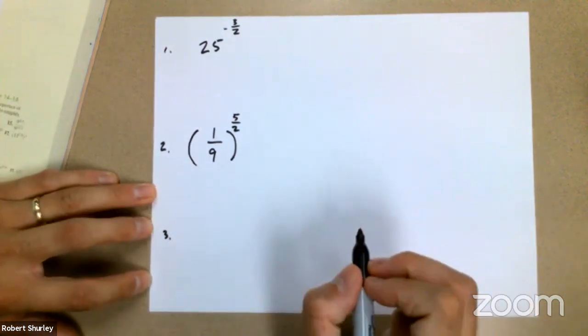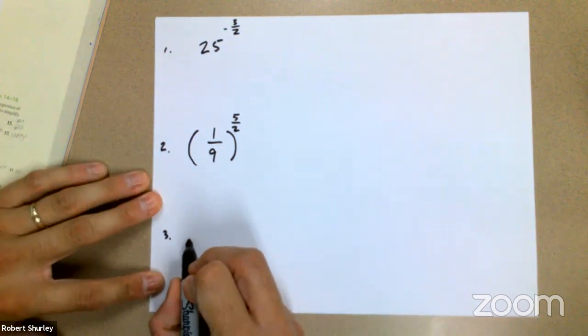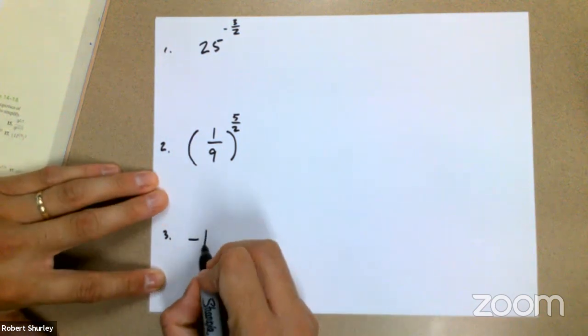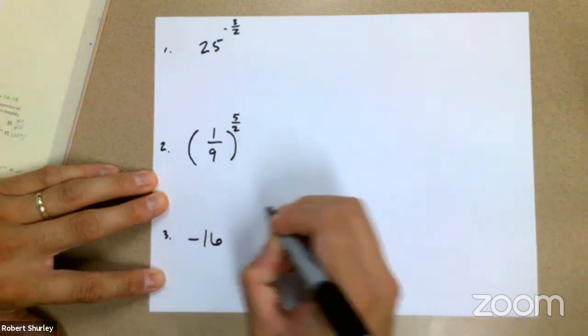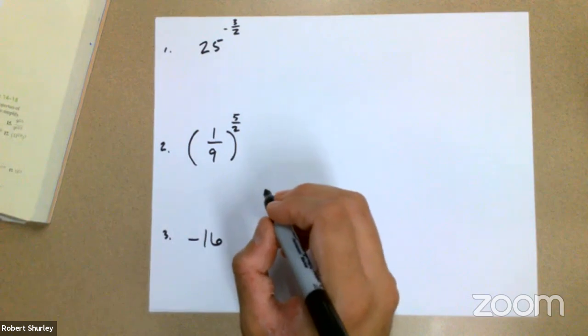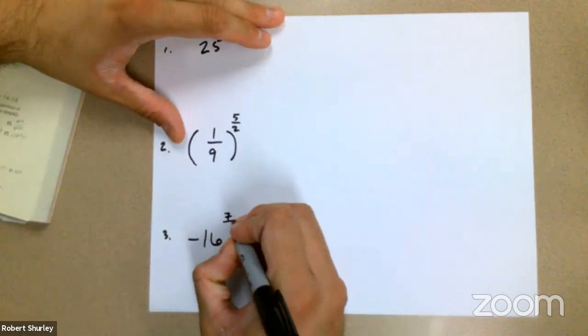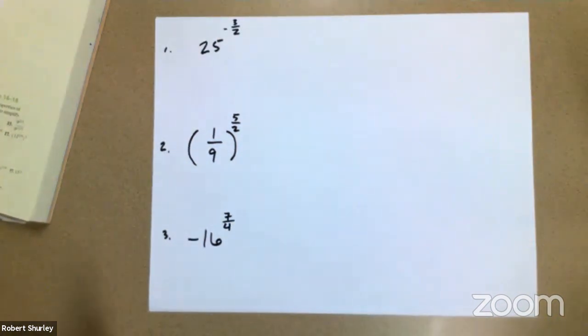And then number 3, let's do -16 to the, let's say 7/4. Oh, that's a weird one. Try those three, and it's okay if you get all three of them wrong because they're kind of tricky in their own little way. And I'm going to go over each one. So try those.